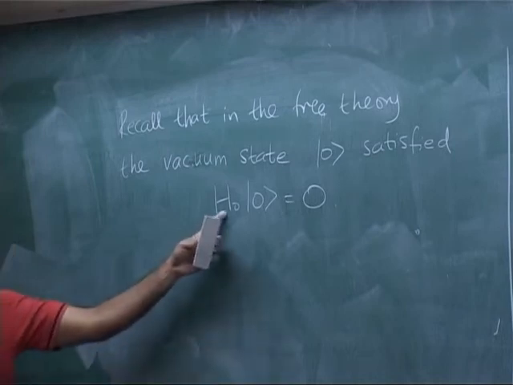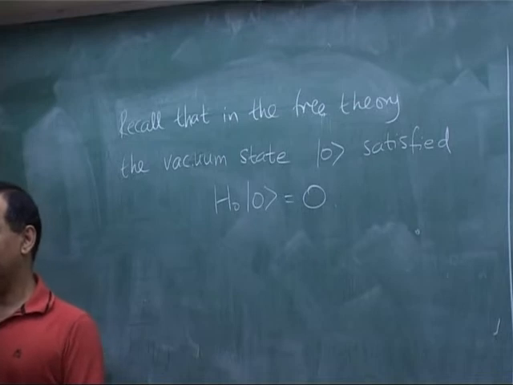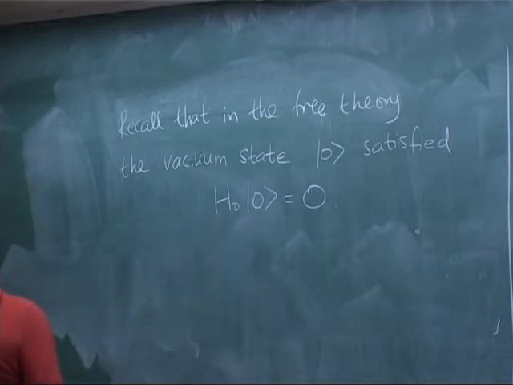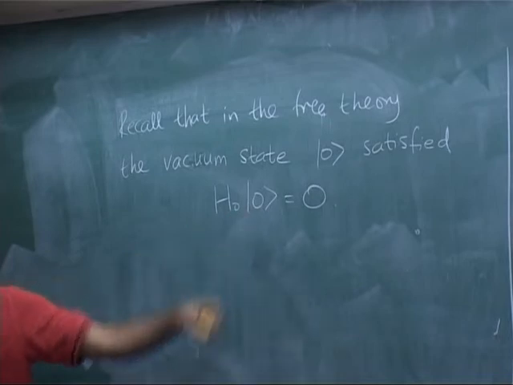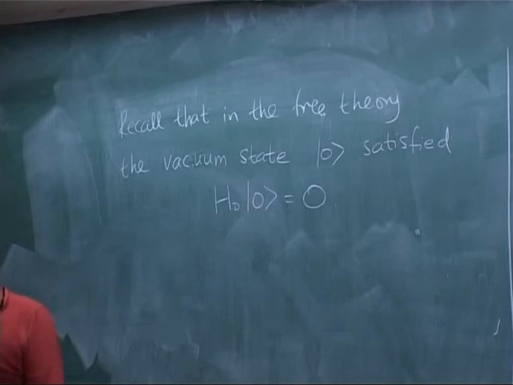To be fair, this was achieved after removing that infinite constant in H0. So at the end, H0 was just the summation of omega_k a_k dagger a_k, so obviously it kills the state. This is the definition of the state, and all other states have positive energy with respect to this.